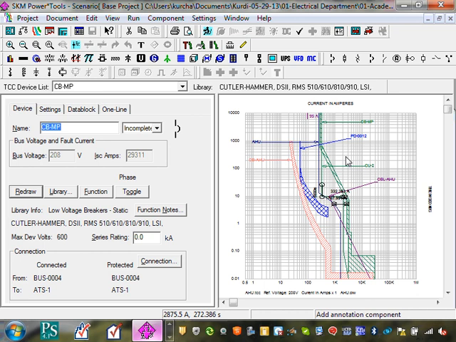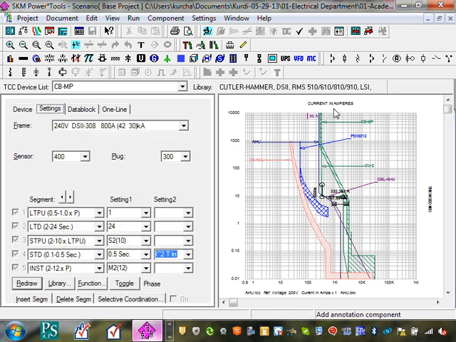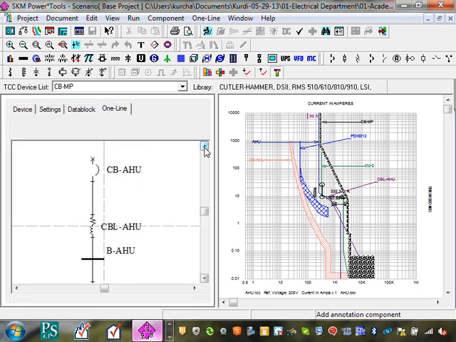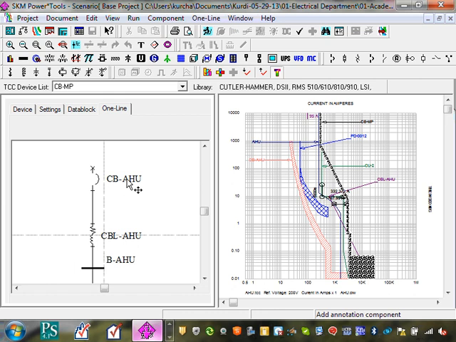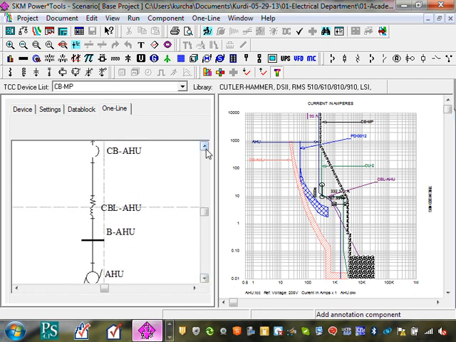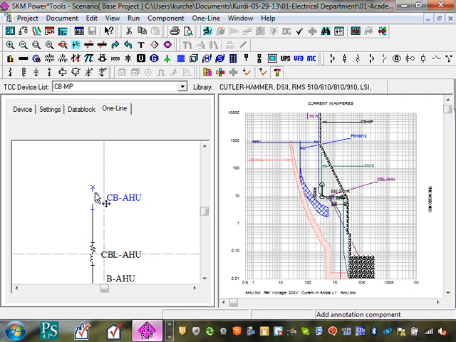The start curve, let me go here. Okay, so I have the main that feeds the whole building. Let's look at the one line diagram. Okay, here you go. Can you guys see this is the air handling circuit breaker right here? It's protecting the air handling unit, and right above it, which you're not seeing here, is the switchgear that feeds the air handling unit.